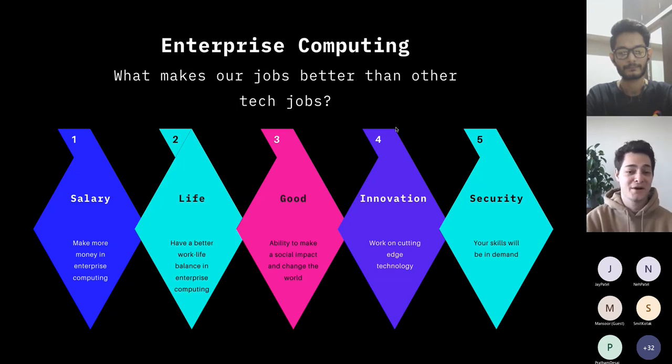It starts you off, it helps you build out your family life, and it really sets you on a great path. And that's something we see in enterprise computing jobs, that starting salaries in enterprise computing are generally higher than other starting salaries in entry-level positions in other IT fields. So if you like to make money, it's probably a good path to get into.